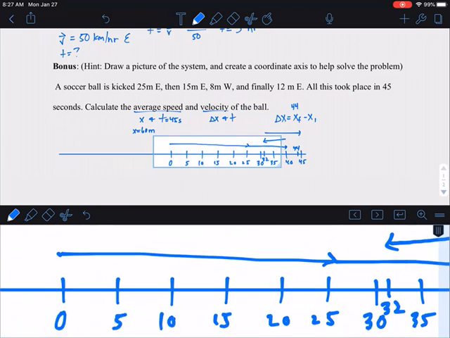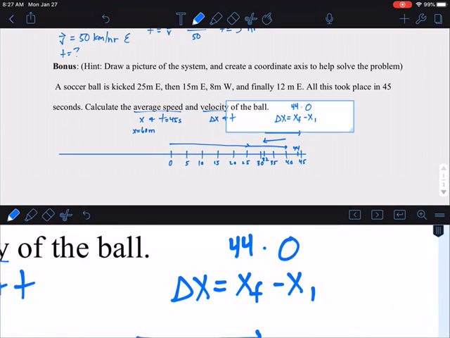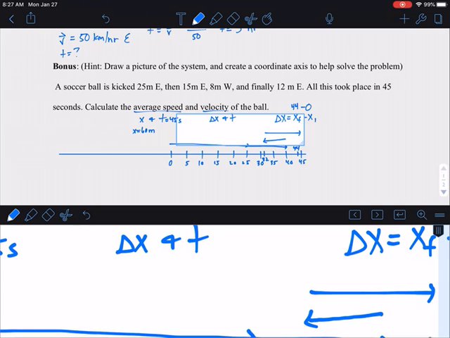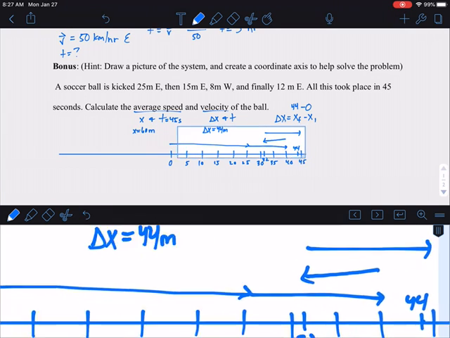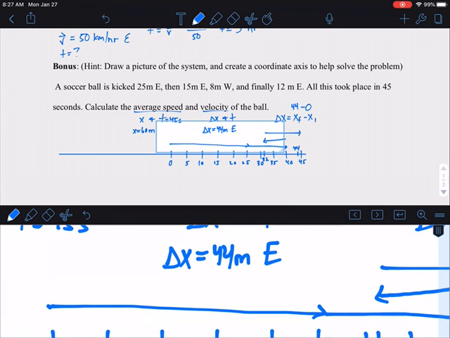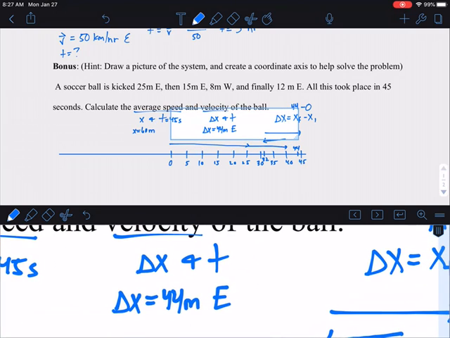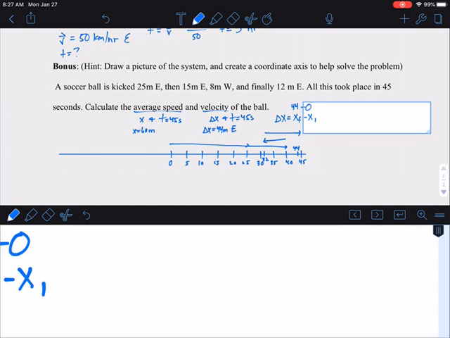Our initial was 0. So that makes this easy. So our displacement is 44 meters. And then what direction? Well, we ended up going to the right, so that's, in this case, east. And then time is the same, 45 seconds. And so now we have all that we need.